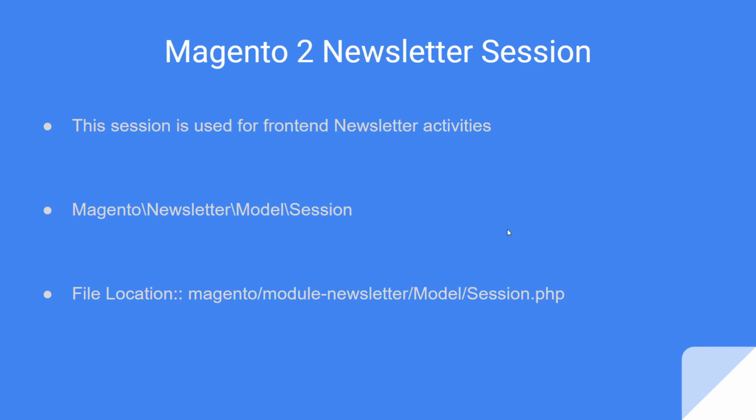Magento 2 newsletter. Remember, the newsletter session maintains the newsletter activity between the user ID and the newsletter. When you subscribe to the newsletter, you receive each newsletter activity once you subscribe.